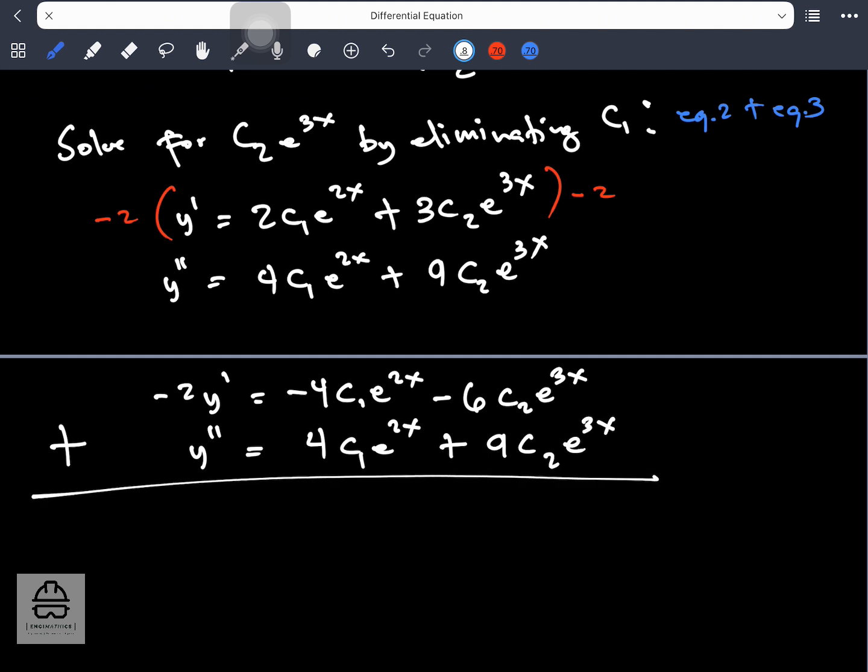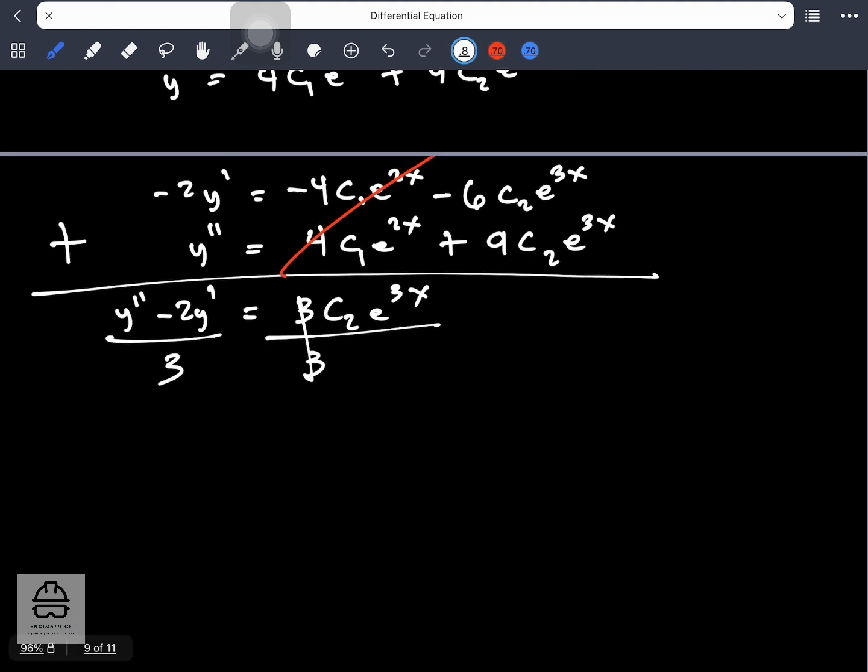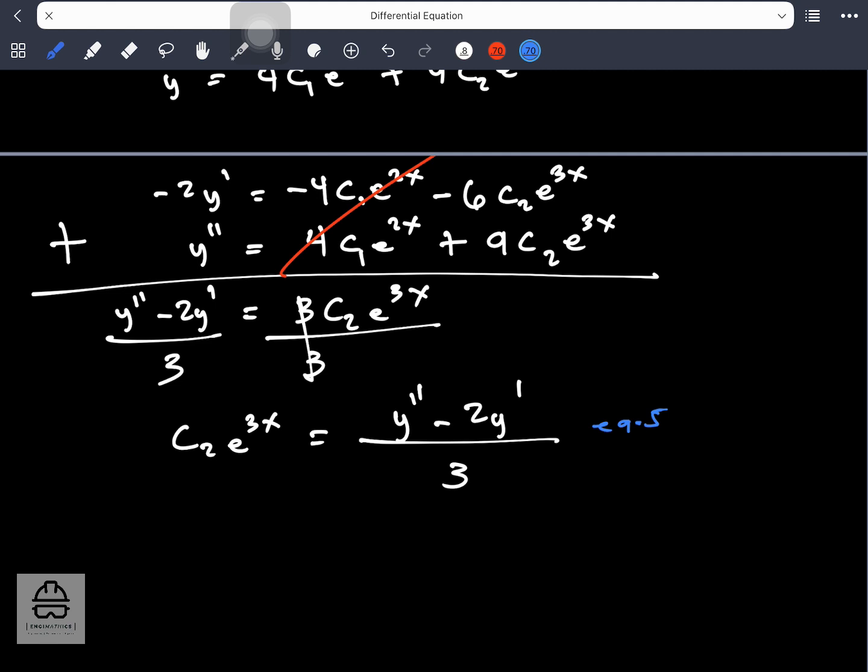That would be y double prime minus 2y prime is equal to, okay, this is already eliminated. Next is 9 minus 6, that would be 3 c sub 2 e raised to 3x. Okay, divide both sides by 3 to isolate the c sub 2 e raised to 3x. So, c sub 2 e raised to 3x is equal to y double prime minus 2y prime divided by 3. Okay, so this is our equation number 5.